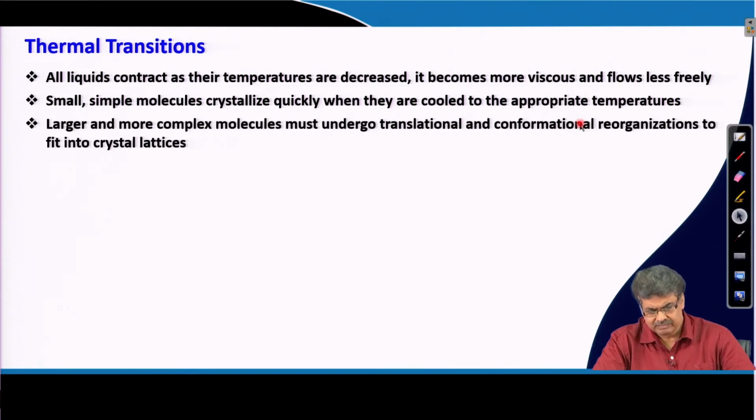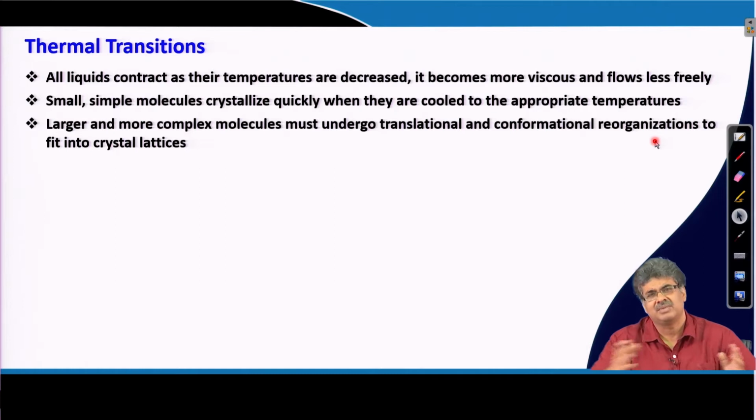But if the molecules present in this liquid state are quite large, like a large polymer molecule, and in complex shape, then it is very difficult for this molecule to undergo translational and conformational reorganization to pack in a crystal-like manner. When you form a crystal, the molecules have to come and align themselves in a particular order.